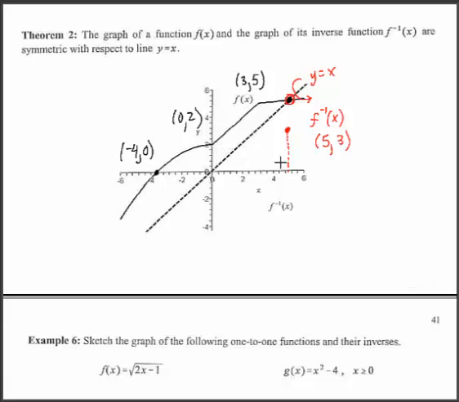Okay, so now I'll just continue with the rest of my coordinates. This point, 0, 2, will now become 2, 0. This point, negative 4, 0, will become 0, negative 4. Okay, and so I want to mirror this across the dashed line.